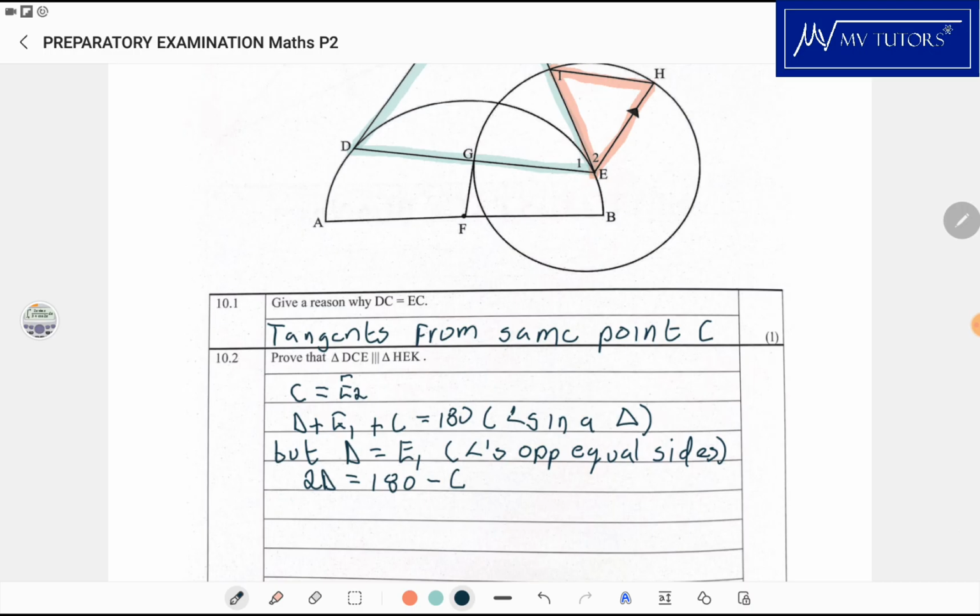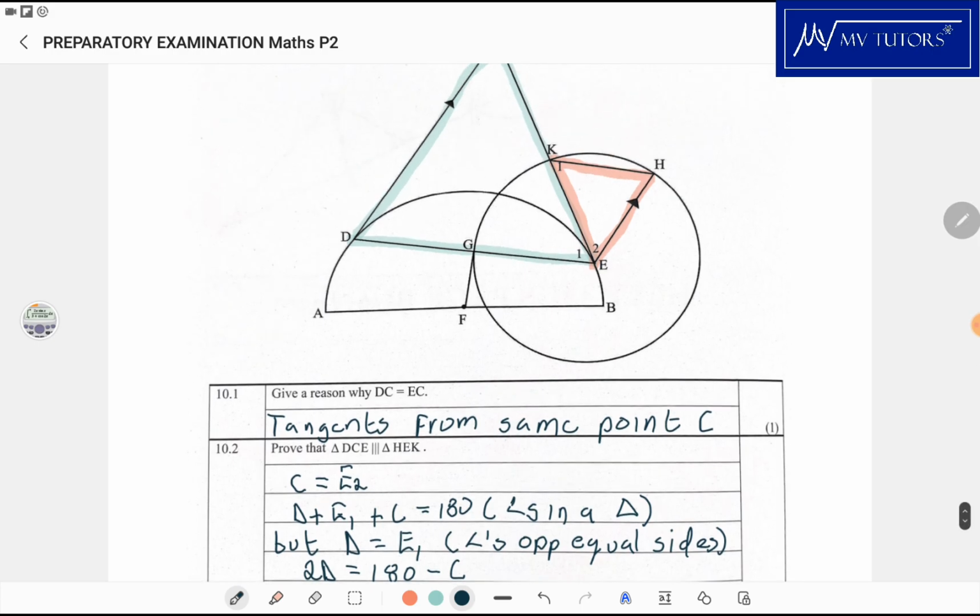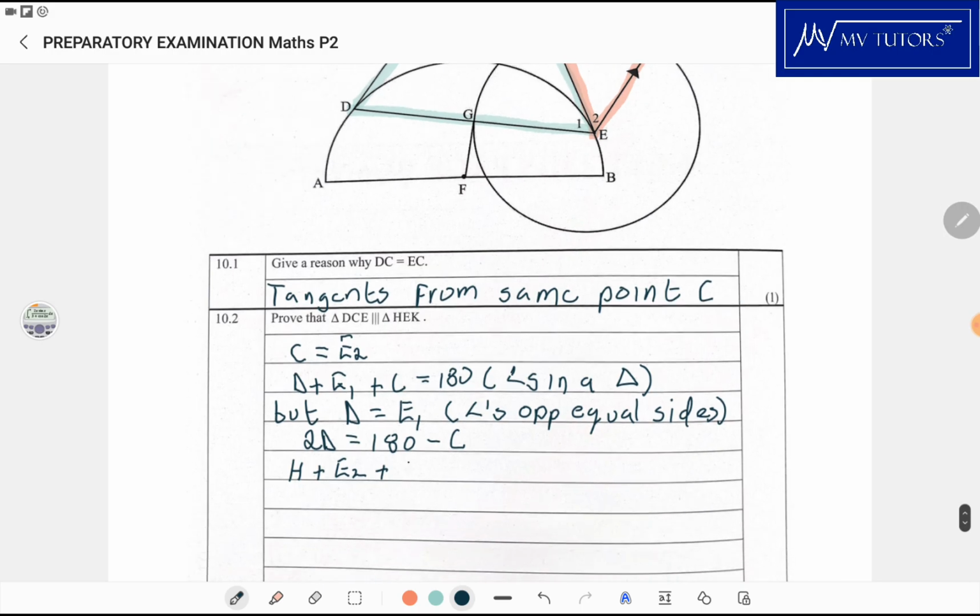But let's just write it like we did above. So I'm going to say H plus E2 plus, what's that one? K1. K1 is equal to 180. And why is that? Same reason as above. Angles in a triangle.